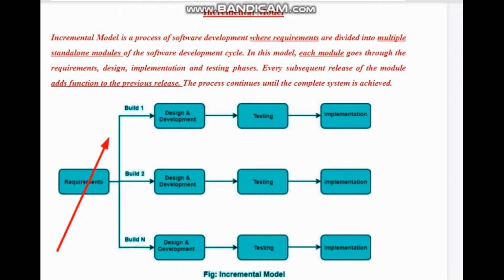Suppose we have 4 modules, just now we saw login, cash withdrawal, fast cash, we have 5 to 6 modules. Each module in the incremental model will undergo the software development process. Each module has to undergo all these phases: design and development, implementation, testing.